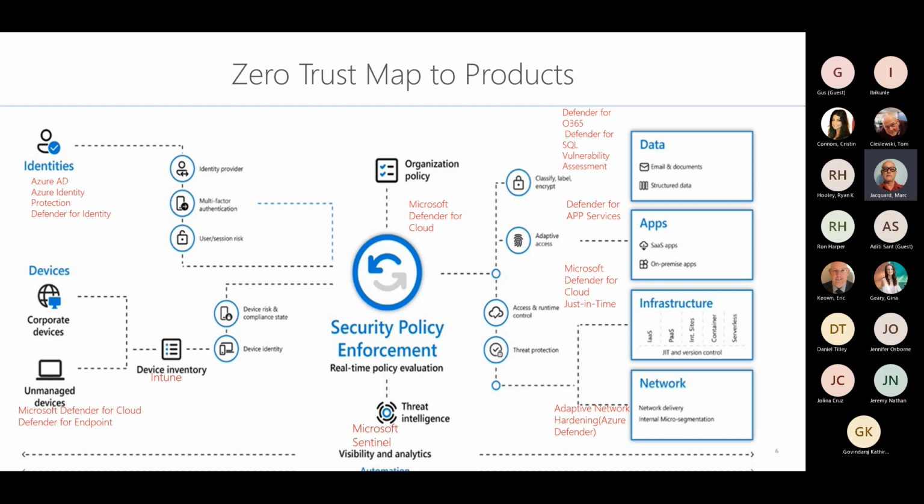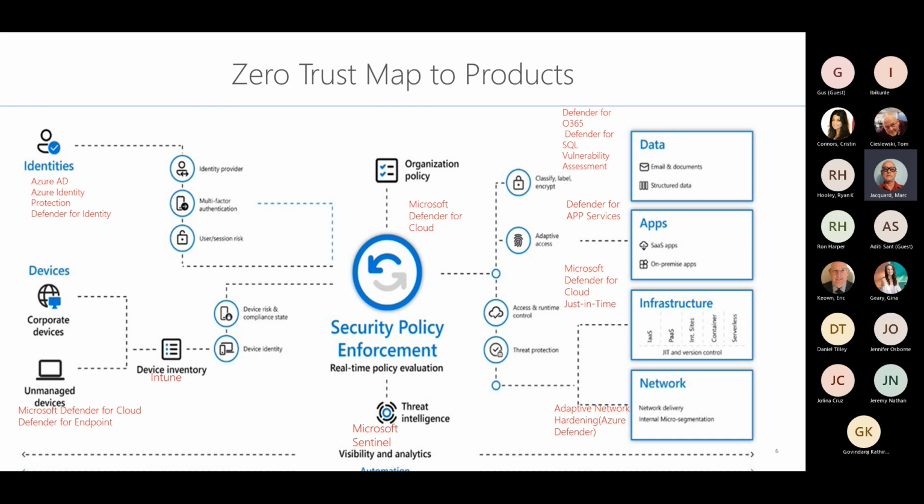Now, Microsoft defines 6 pillars. If you go out and you look up zero trust, you'll get anything from probably 3 to 10 different pillars to secure. Microsoft breaks it into identity, devices, data, apps, infrastructure, and network. We at Talon also add 1. We say there are 7 pillars. And we say policy is one of the driving factors for securing that environment.